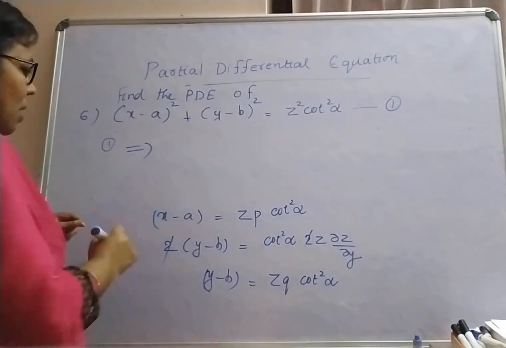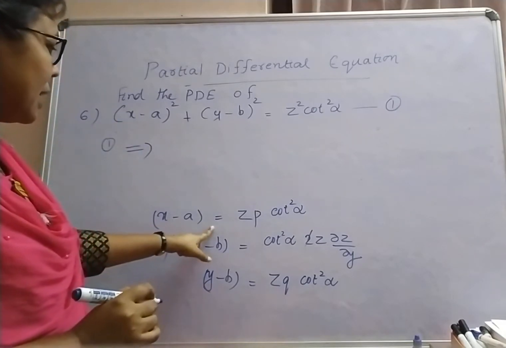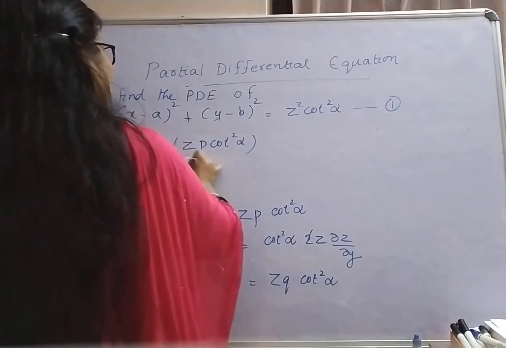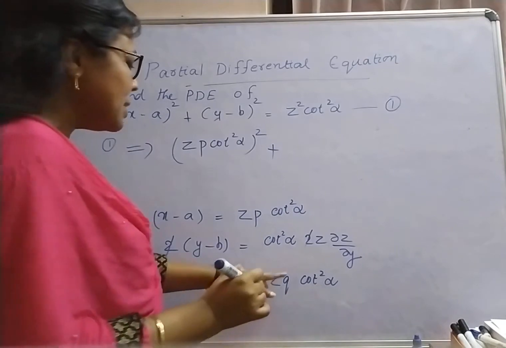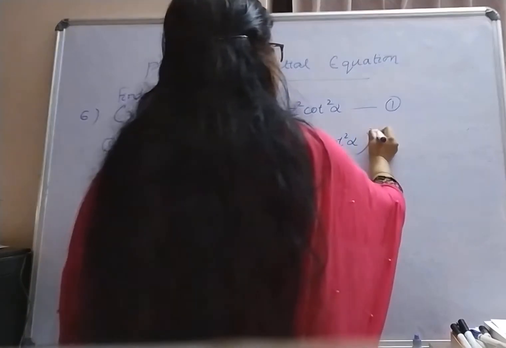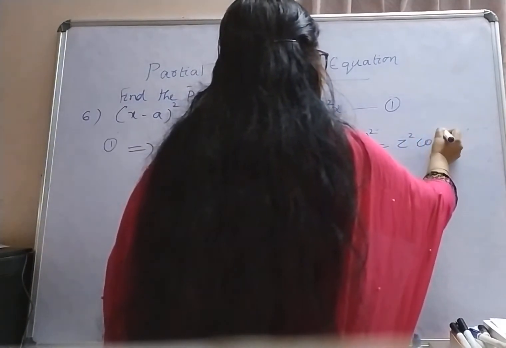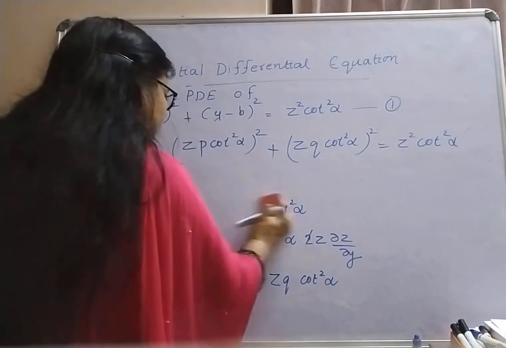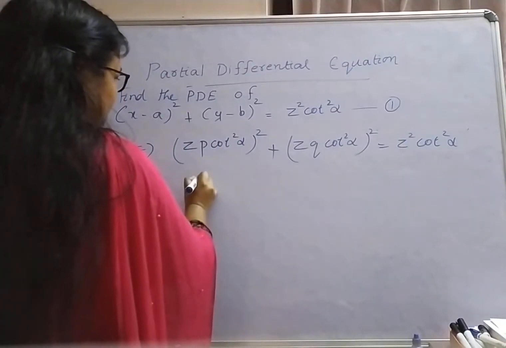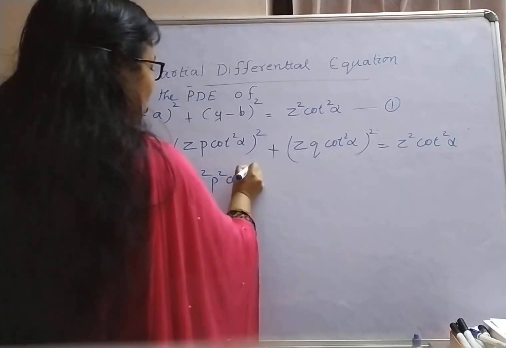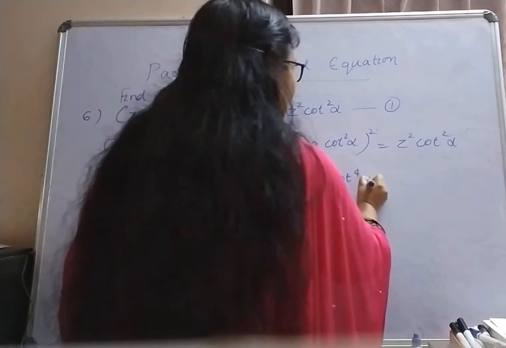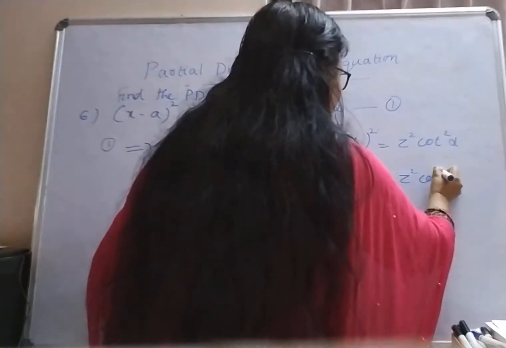Equation number 1 becomes, what is x minus a? x minus a is zp cot square alpha. (zp cot square alpha) the whole square plus y minus b is zq cot square alpha. (zq cot square alpha) the whole square equal to z square cot square alpha. So z square p square cot raised to 4 alpha plus z square q square cot raised to 4 alpha equal to z square cot square alpha.